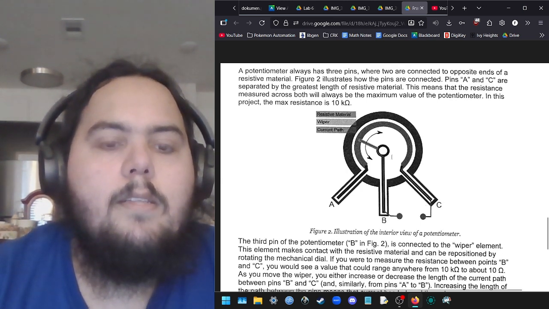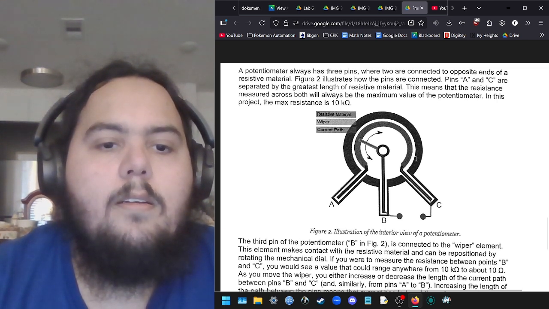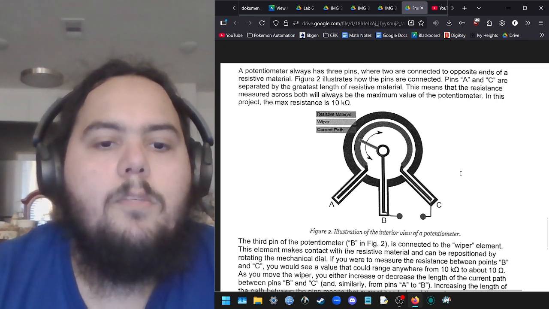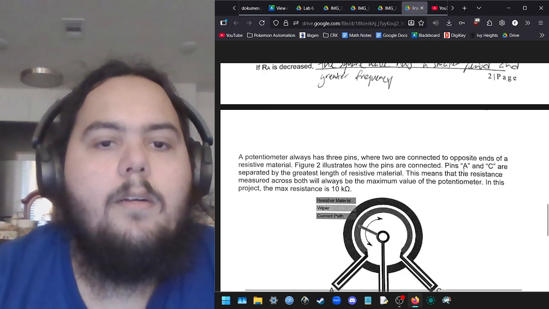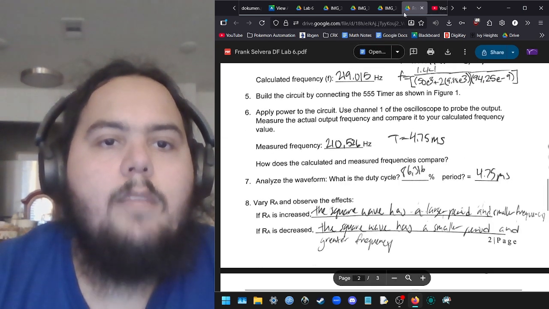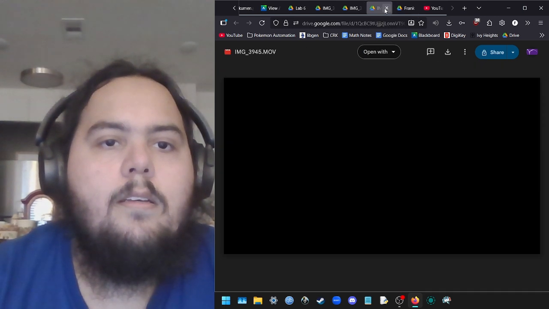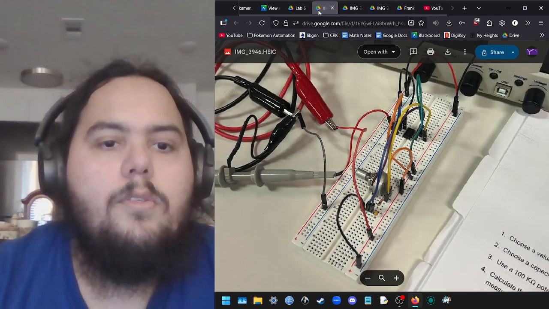The resistance increases when the potentiometer is turned left, so the distance between the 2 points is greater. The resistance is decreased when it's turned to the right, so the distance between the 2 points is smaller.